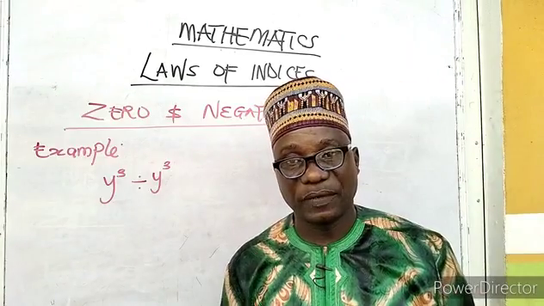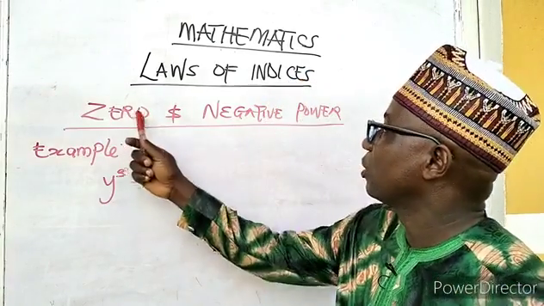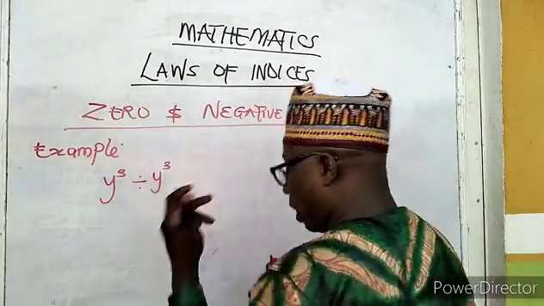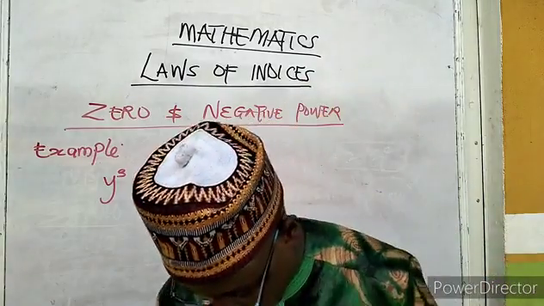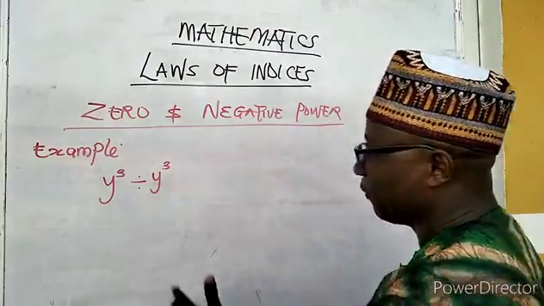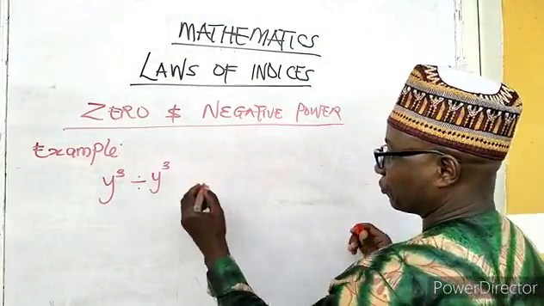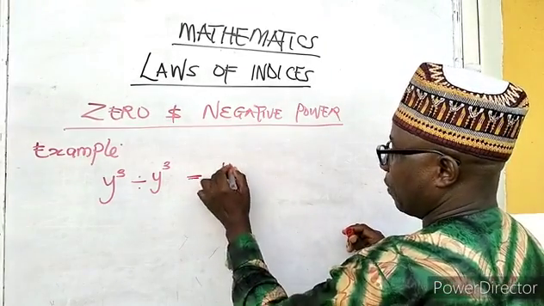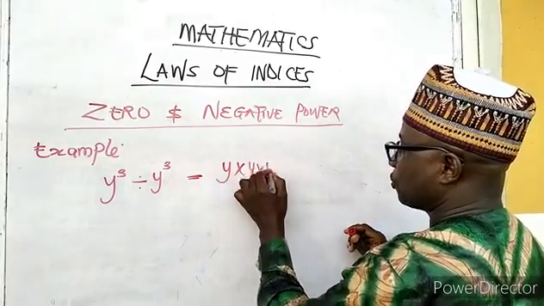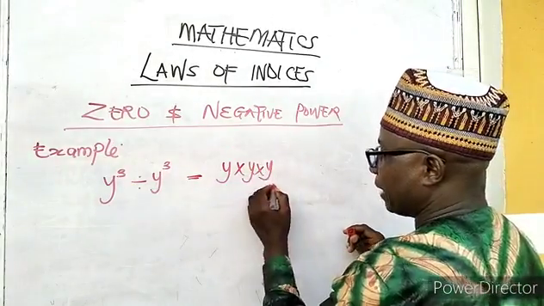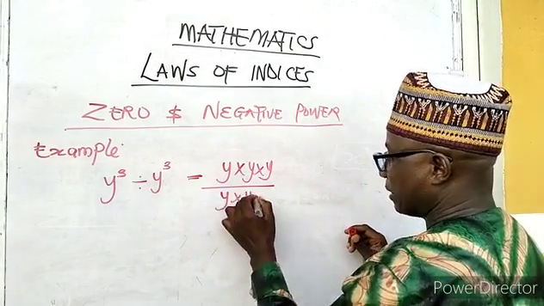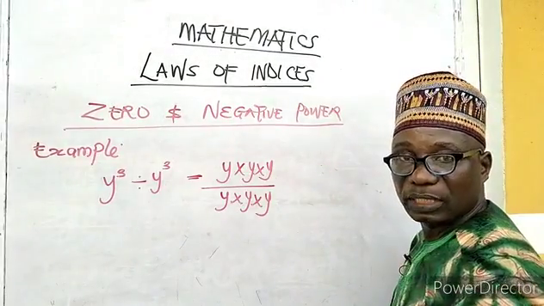Now the last one is zero or negative power. We call it zero and negative power. Now, for example, if you're given something like this, you know this one is something as y times y times y divided by y times y times y. Is that clear?